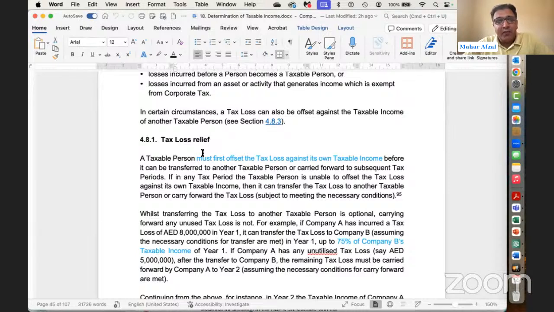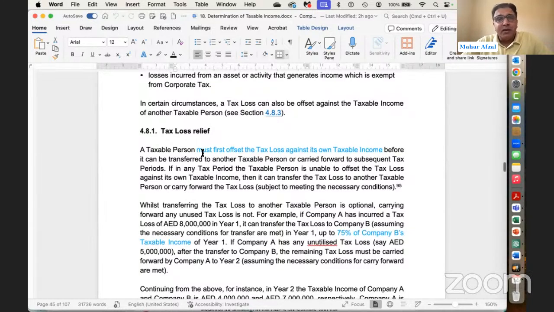It means every year, at least 25% of your taxable income will be subject to tax. Then you can calculate the tax on that, and after calculating the tax, you can adjust the withholding tax and the foreign tax credit, and then you will be liable to pay the net amount.